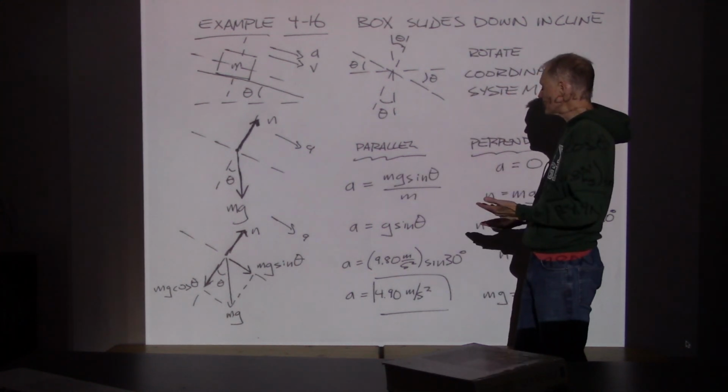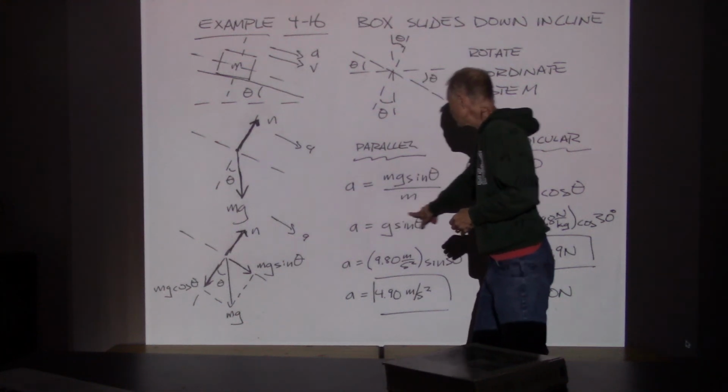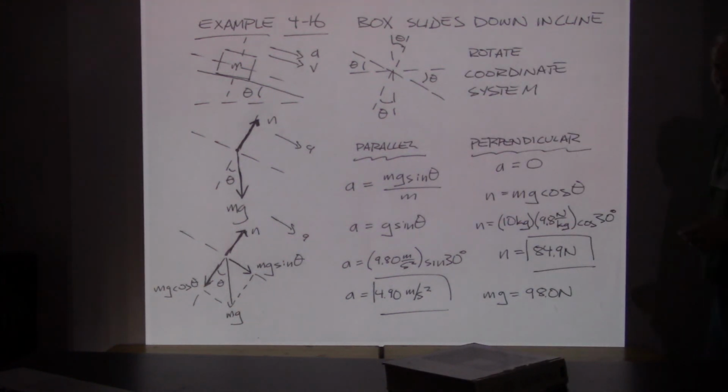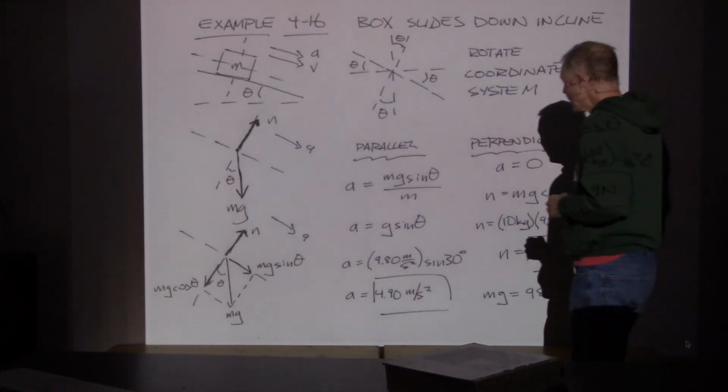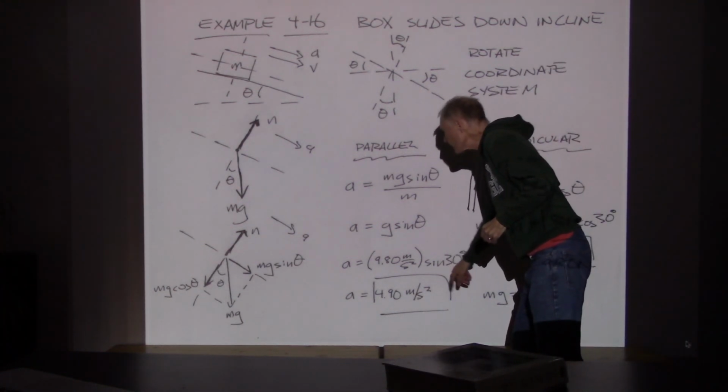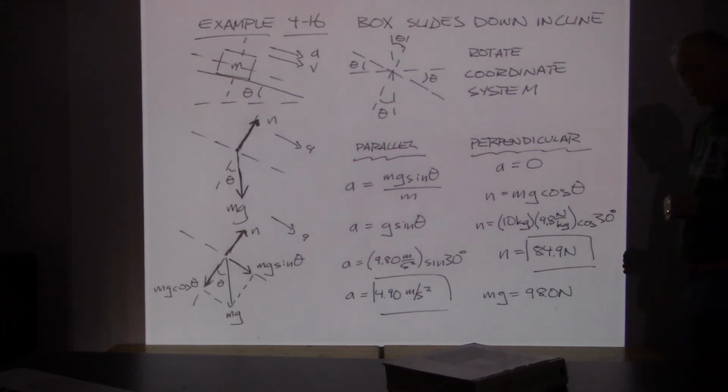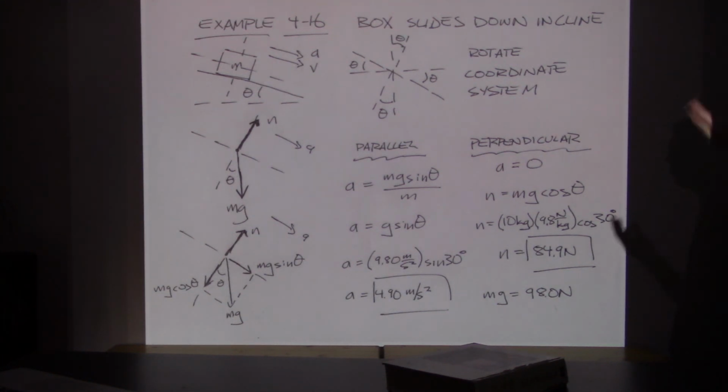If this surface is frictionless, the acceleration will be g sine theta. I can put numbers into that, and that tells me that the acceleration along the incline is 4.90 meters per second squared. Now, of course, in Chapter 5, we're going to come back, look at the same mystery box, and introduce friction. And then that will change somewhat.